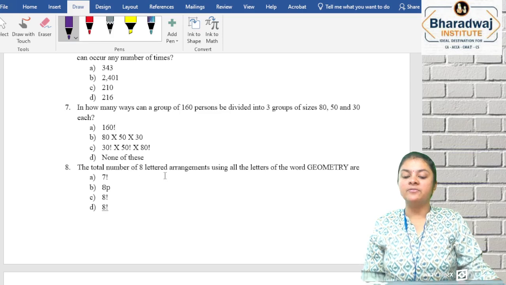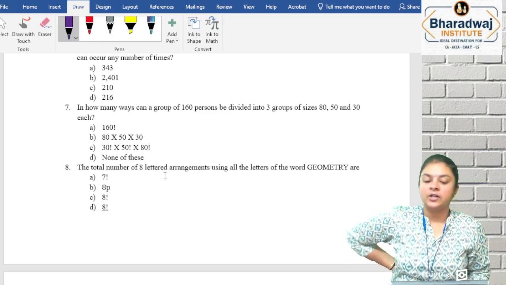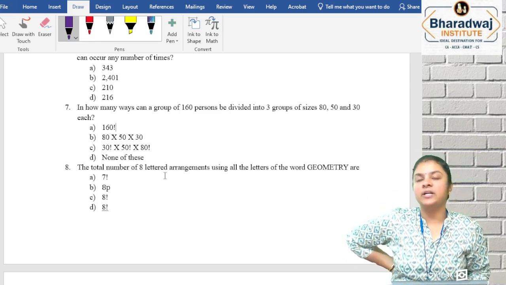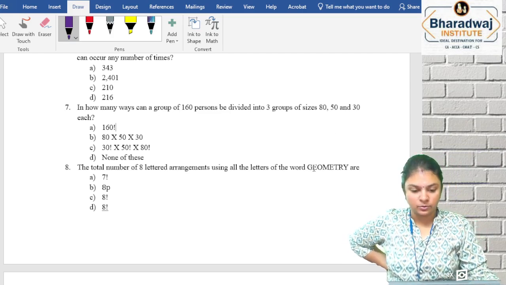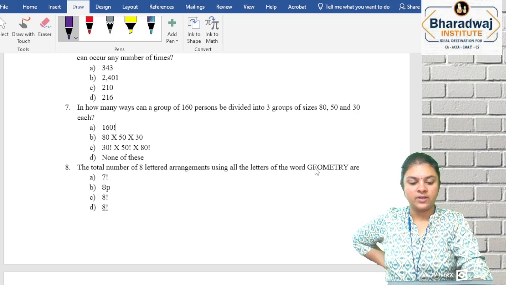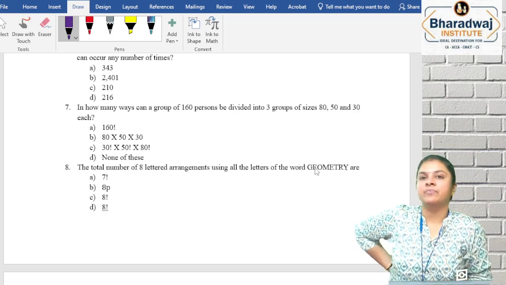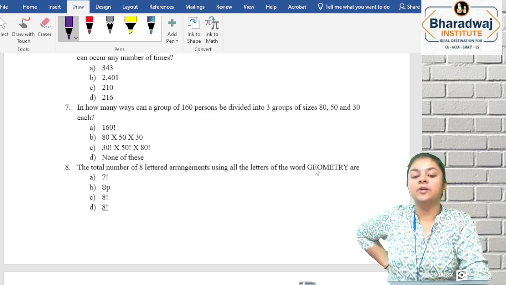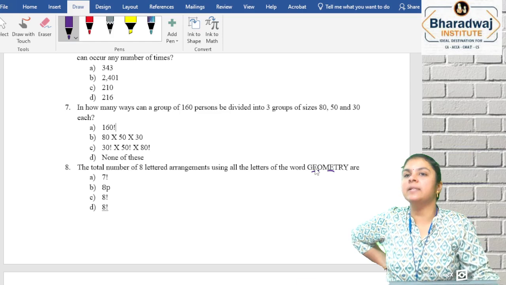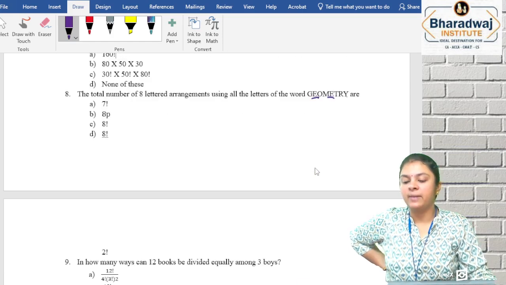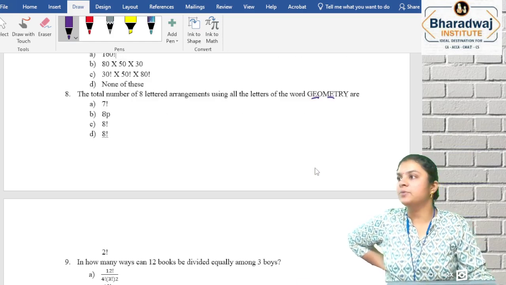The total number of 8-lettered arrangement using all of the words of geometry is 8 factorial by 2 factorial because E is repeated. So 8 factorial by 2 factorial. Option D.